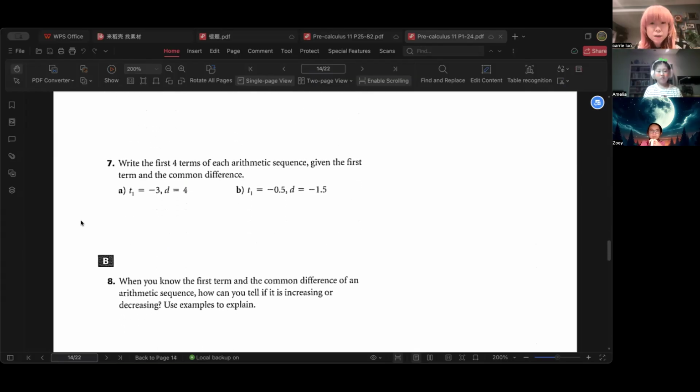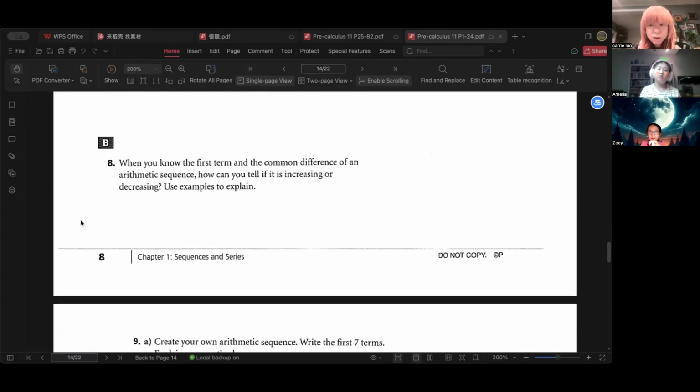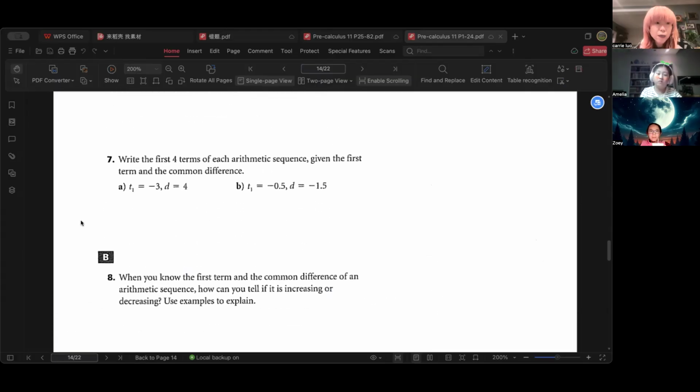Okay, so number 7: write the first 4 terms of each arithmetic sequence, giving the first term and the common difference. Okay, so this one we do it, yes, because it's negative. I want you to practice, okay? So A and B, write each of them 4 terms, okay?